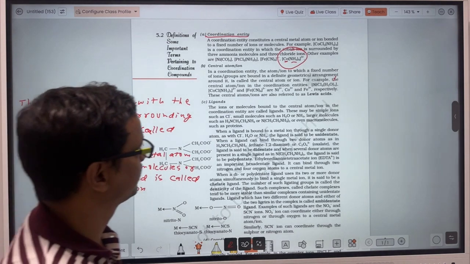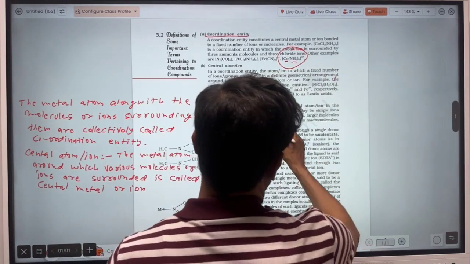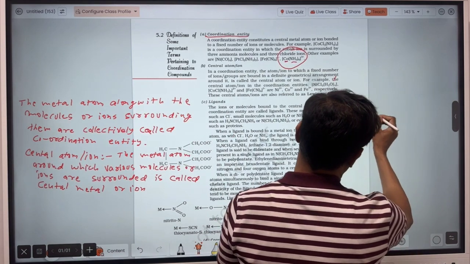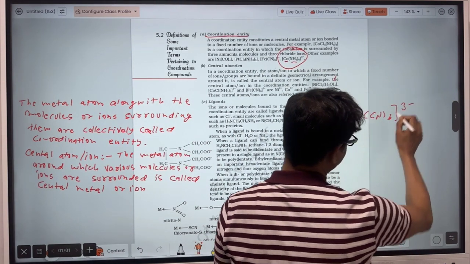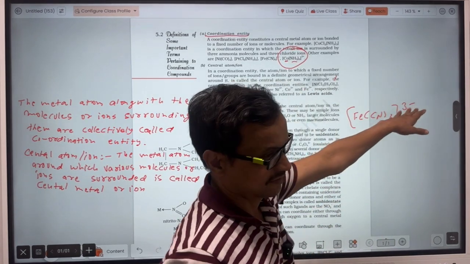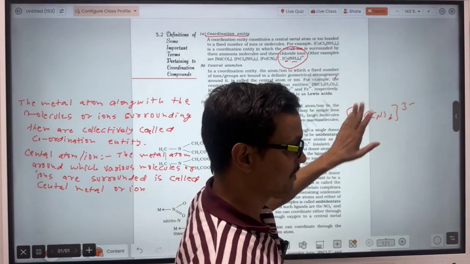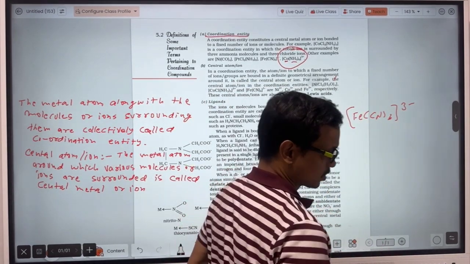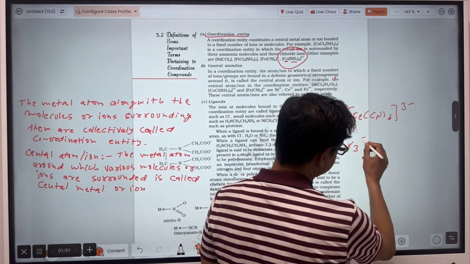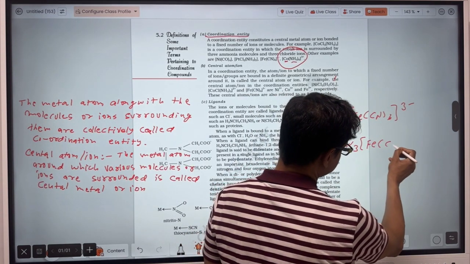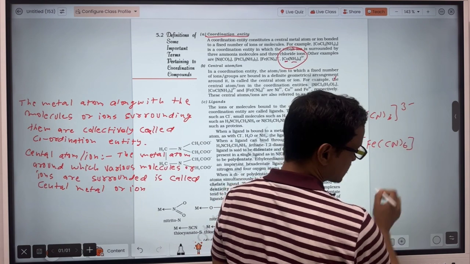As an example, let's see here [Fe(CN)6]3-. The 3 minus means a cation has been bonded, in which the total charge will be plus 3. So, for example, there is K3[Fe(CN)6].